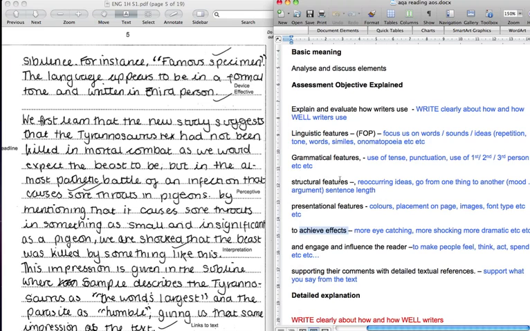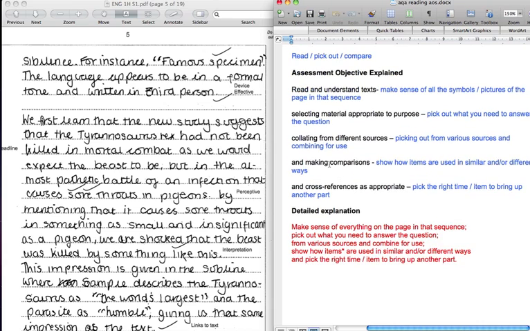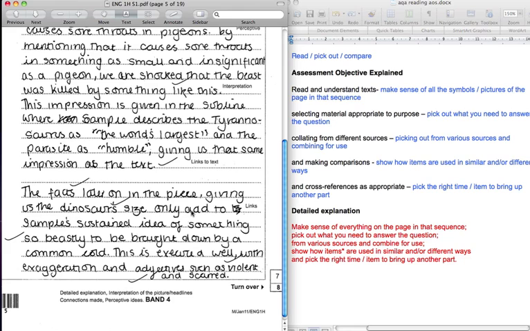That's what's really important. So this brings us up to this idea here, where we're actually collating from different sources, cross-referencing as appropriate to pick up the right things from the title and the headline and actually cross-reference them. So the last part then, the facts later on in the piece giving us the dinosaur size, only add to the sample's sustained idea of something so beastly being brought down by a common cold.